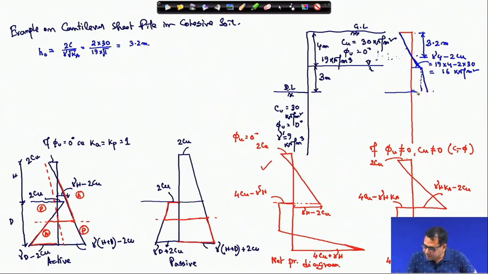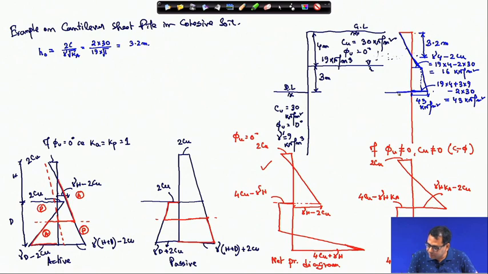So, the total value at this point is 19 into 4 plus 3 into 9 minus 2 Cu, 2 into 30. So, this is equal to 43 kilonewton per meter square. Okay. So, the total one is 43 kilonewton per meter square.